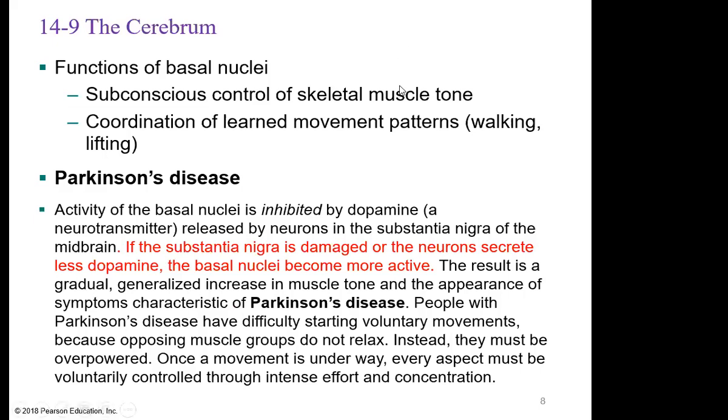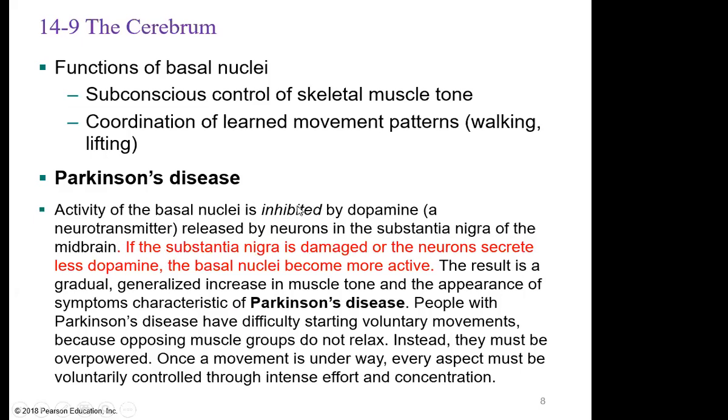So what's going on here is that the activity of the basal nuclei is actually inhibited by dopamine, which is a neurotransmitter that gets released by neurons in the substantia nigra of the midbrain. We'll be looking at the midbrain today, so you'll see where the substantia nigra of the midbrain is. If that structure is damaged, or if the neurons secrete less dopamine, the basal nuclei is going to become more active.